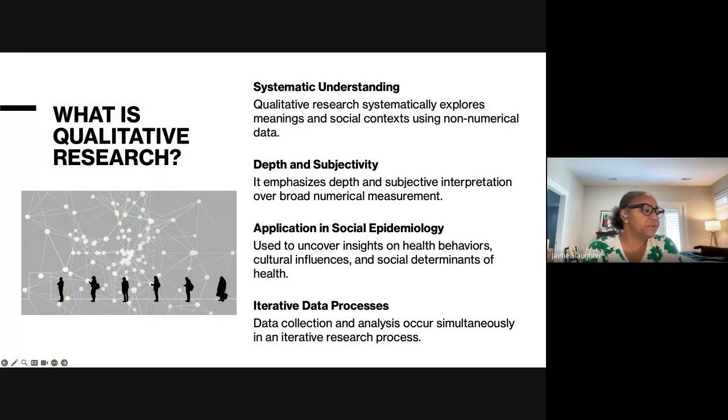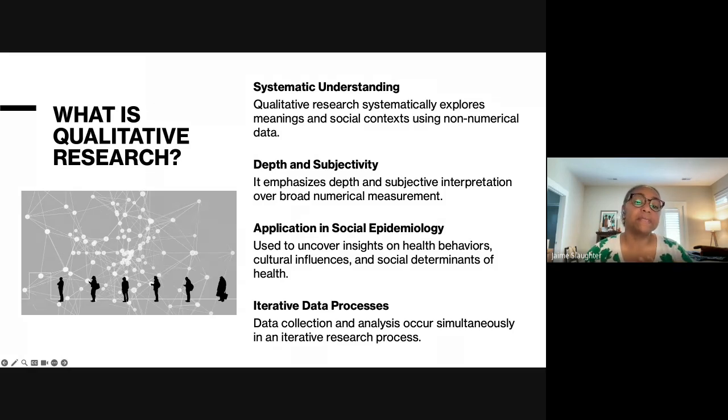So for those of you who aren't as familiar with qualitative research, let's give us a foundation. Qualitative research is really a systematic approach to understanding meanings and experiences and social contexts, but using non-numerical data, right? So just like our quantitative data that epidemiologists are very used to, and honoring the systematic approach, qualitative work also has a systematic approach, and we have to honor that.